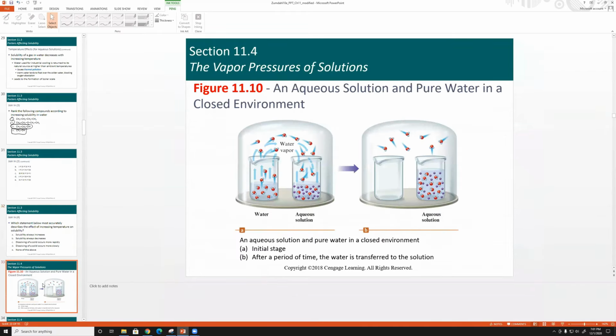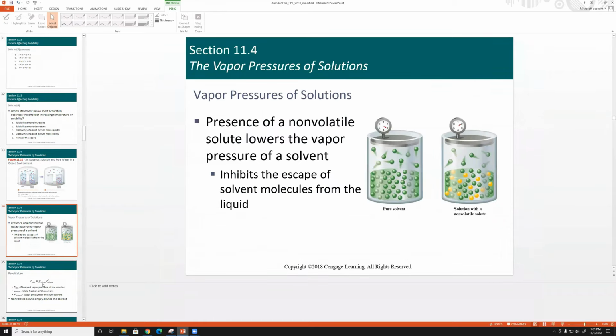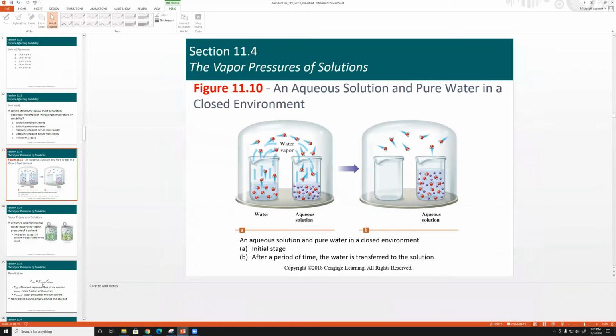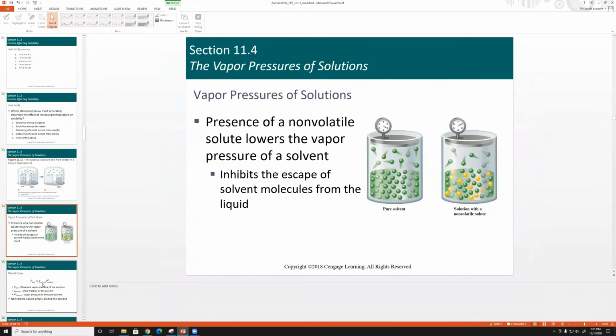Okay. Aqueous solution of pure water in a closed environment. We're talking about vapor pressures now. So, yeah, we'll talk about vapor pressures. All right. So the next thing is we talked about what vapor pressure is.